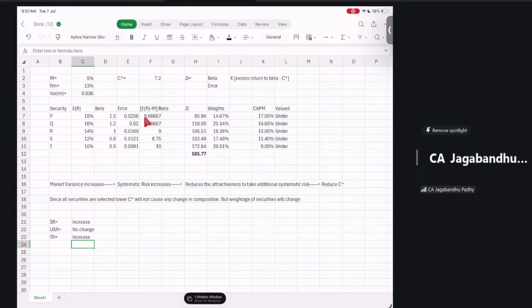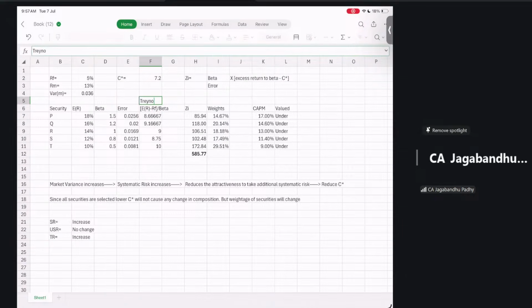First, you need to calculate the excess return to beta number, or you can call this the Treynor ratio. So the first part is to calculate the Treynor ratio, and that Treynor ratio will be mapped against a cutoff value C star.